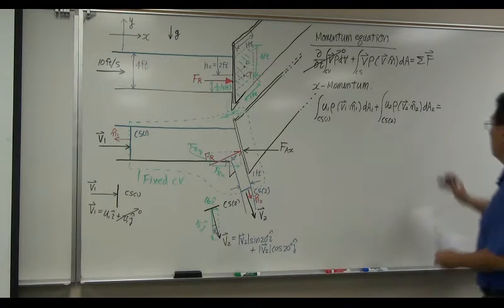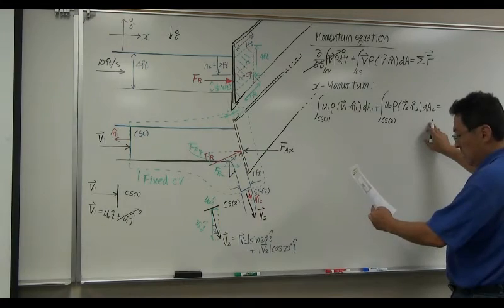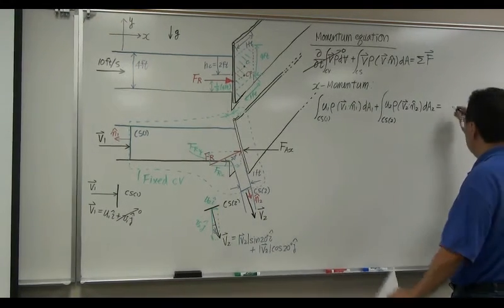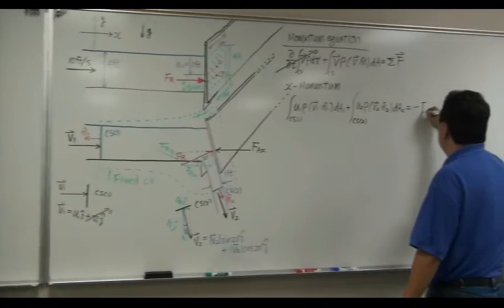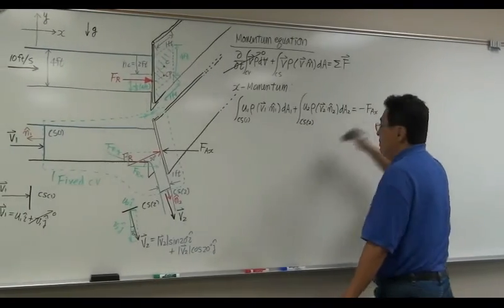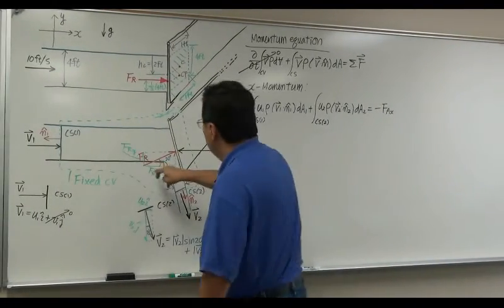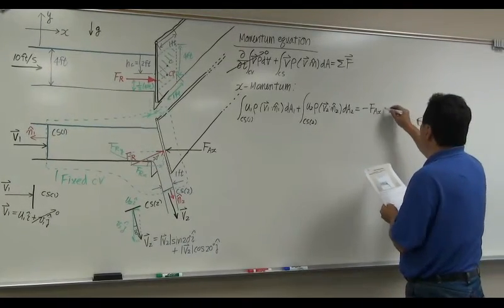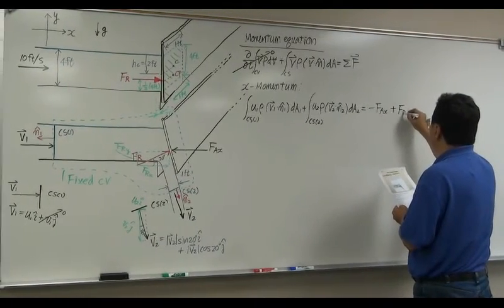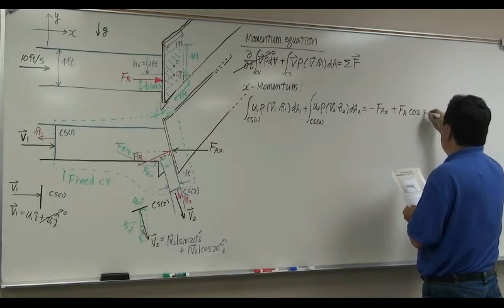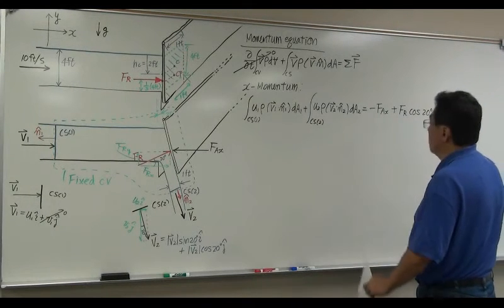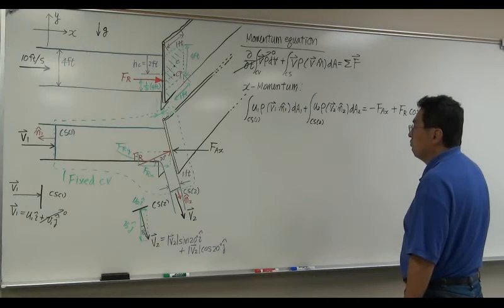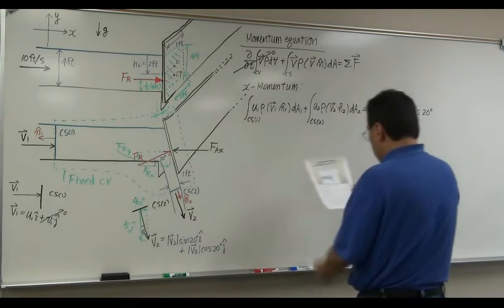So this is going to be obviously minus Fax, Fax being in the negative x direction, plus Fr cosine 20, right? That's Frx. Okay? So this is the x momentum equation.